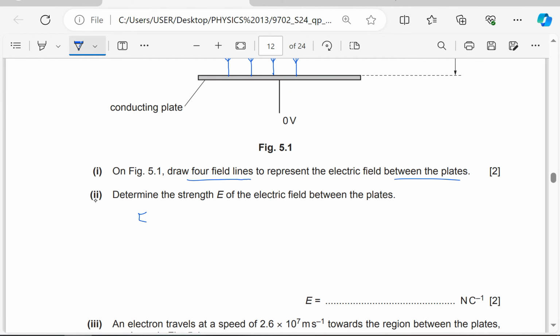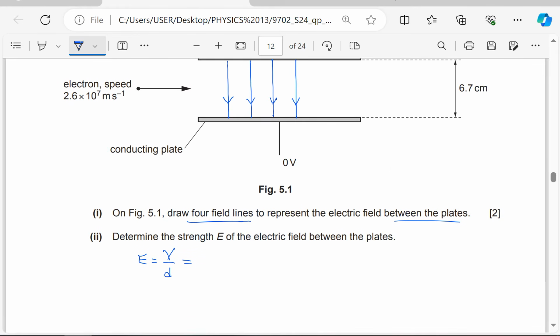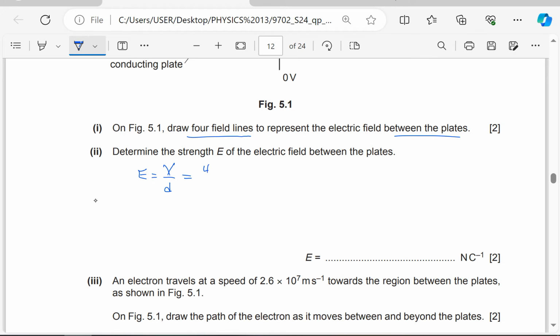Determine the strength E of the electric field between the plates. So we know that electric field strength is either force per unit charge or V over d. Since they have given us potential difference and separation of the plates, this will be V divided by d. V is 430, d is 6.7, so I will say 430 divided by 6.7, but I must change it to meters, so times 10 to the power of minus 2.